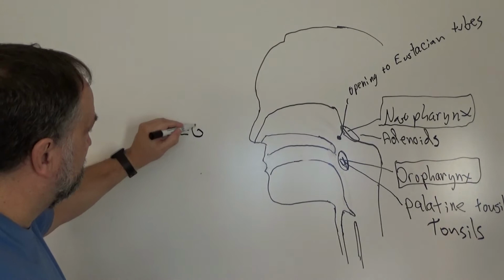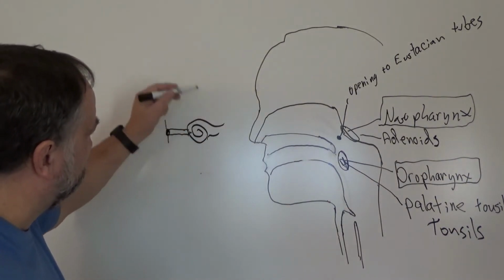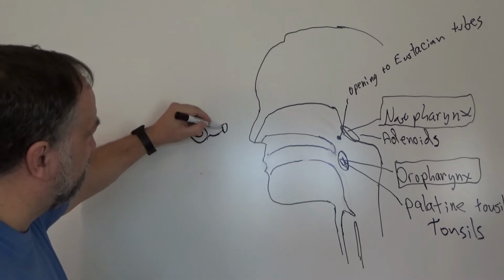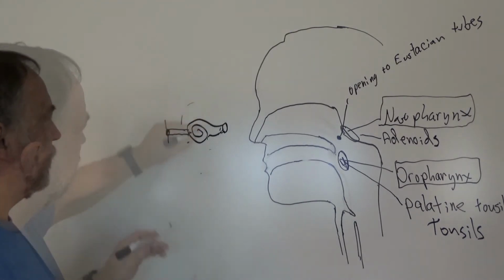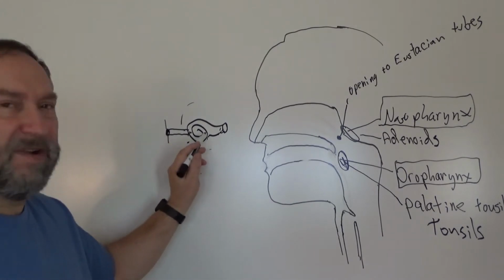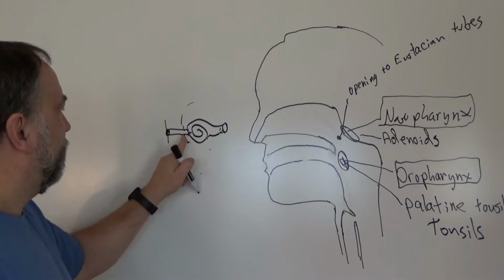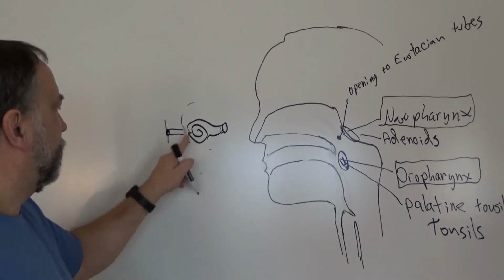Then you've got the inner ear part here, not accurate at all, but then you've got the tympanic membrane. The eustachian tube is a straight tube going straight over to the inner ear.